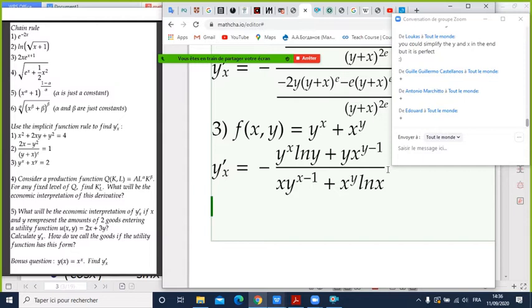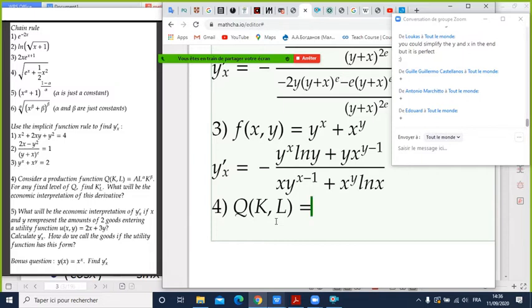Perfect. So, now consider a production function. So let's put it right here. Consider a production function Q of K and L. So we have a production function. Our two inputs are capital and labor.